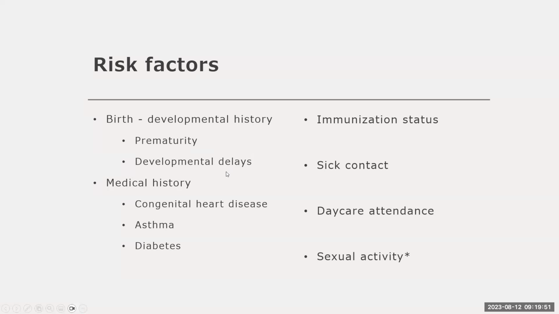Also any history of developmental delays, because that might affect how you assess the mental status, the playfulness, the activity level; if they are delayed, then you might need to assess them a little differently. Then the medical history: any major thing that can increase the risk for severe infections, so congenital heart disease, asthma, diabetes, or any kind of cancer diagnosis history, all of that.